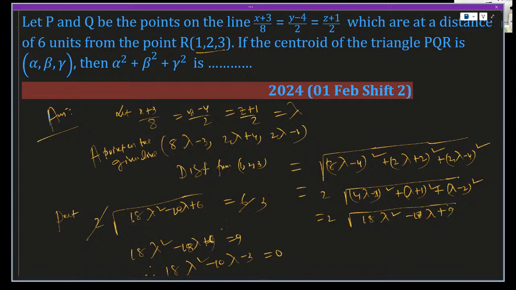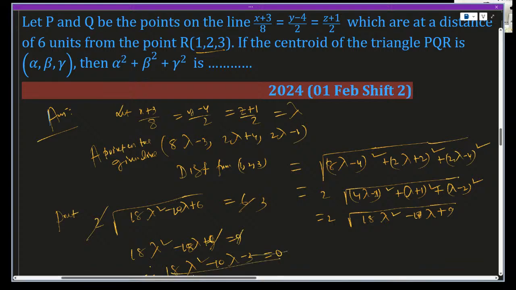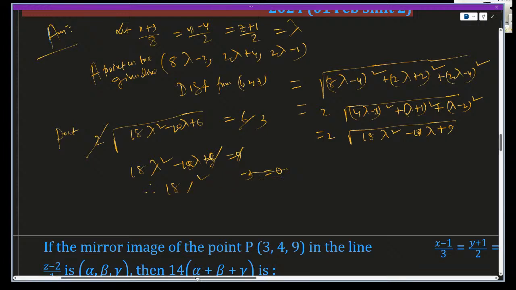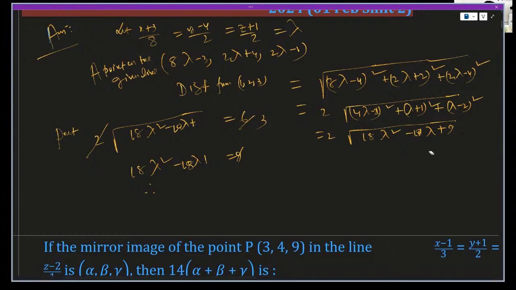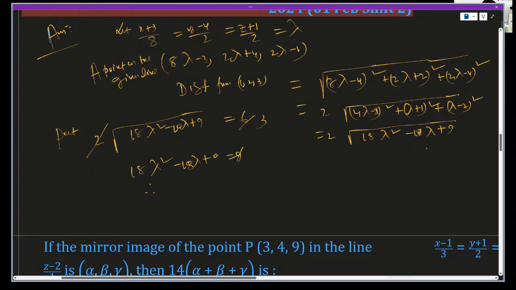So this is 9, these two get cancelled. So this is coming to be what? This is coming 9, not 6. Take care. If you make square, this 9 and this 9 get cancelled.